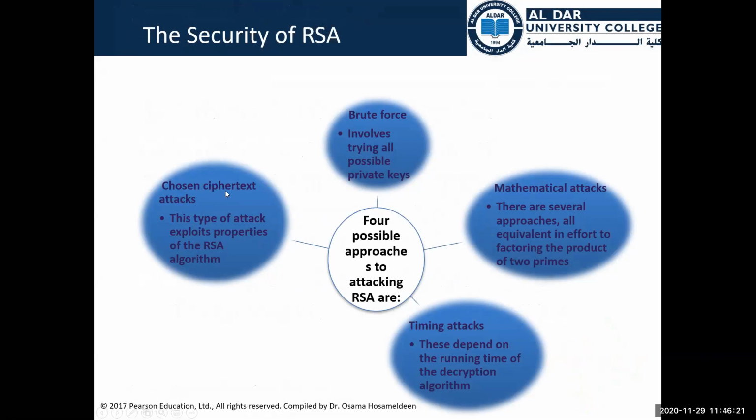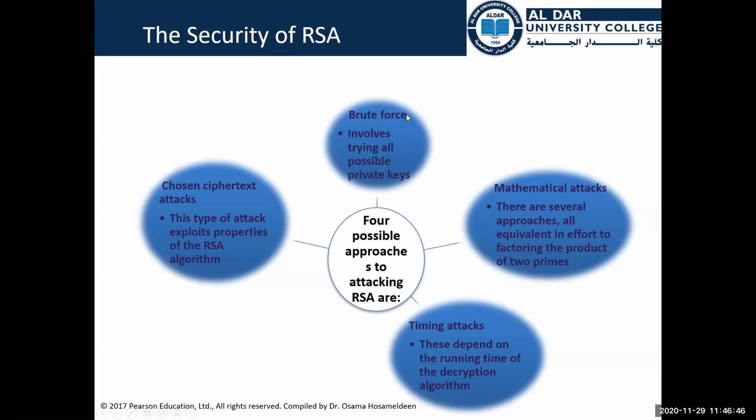You can have a specific text and then apply it to the sender, and then the sender will reply back with the ciphertext of this plain text. You can analyze all of this text and then get out the private and public key values.